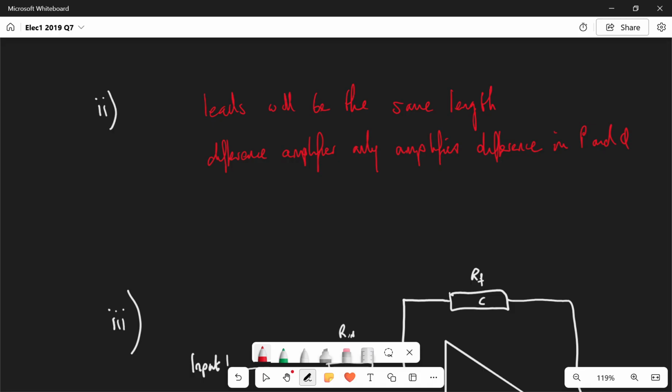So as noise is identical in both leads, and what you're hoping is that the leads are side by side, so any instant noise has the same effect on both of those leads. So as noise is identical in both leads, the difference amplifier ignores the noise.